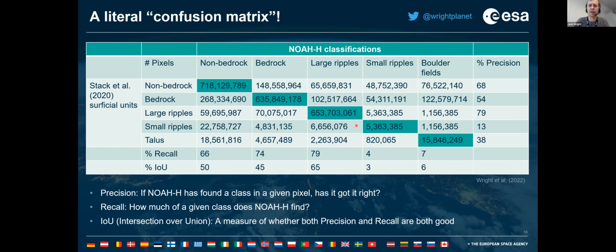So the important thing is that the biggest numbers in each of these rows and columns should be lying on this diagonal. And except in the case of the small ripples and the talus, which are very minor components of the mapping area, this is true. The big numbers are on the diagonal. So that's a really good quantitative measure of how well the algorithm is performing.